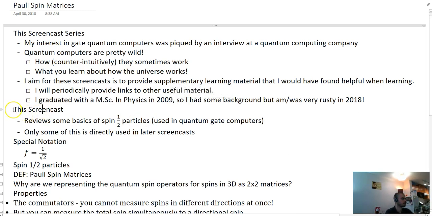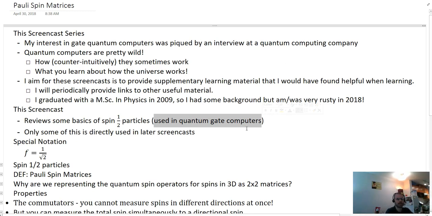Cool. So for this screencast, we're just going to review the basics of spin 1/2 particles and some operators and how they work. Spin 1/2 particles are what's actually used in quantum gate computers. So it's important to understand them, even though we won't actually use all of the specifics covered in this screencast.